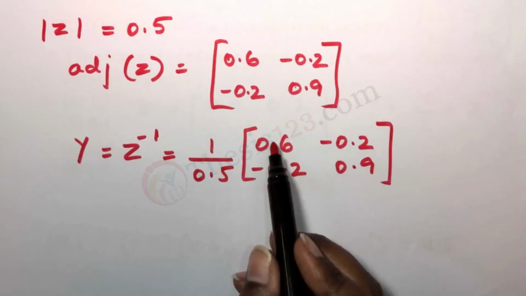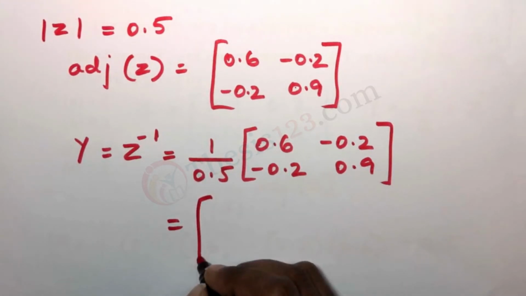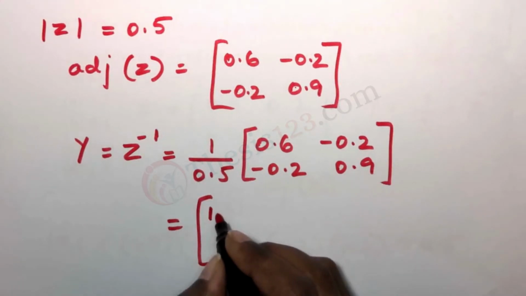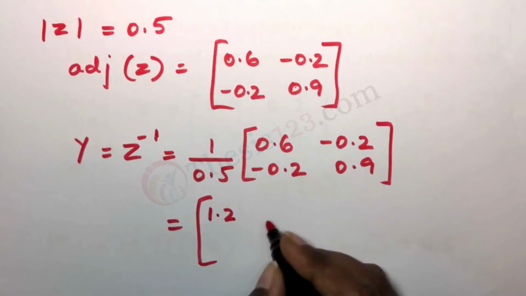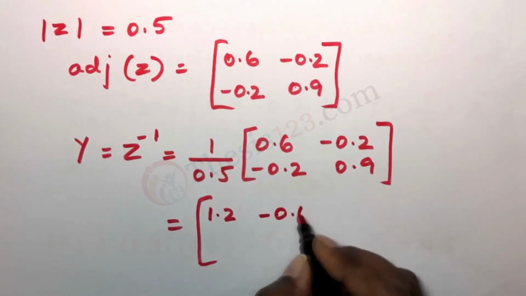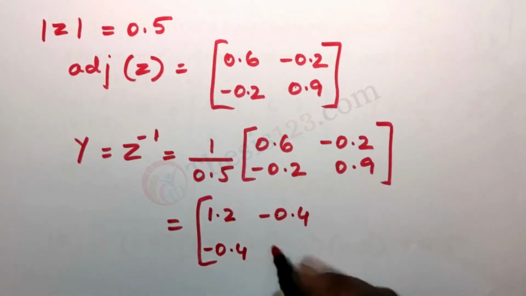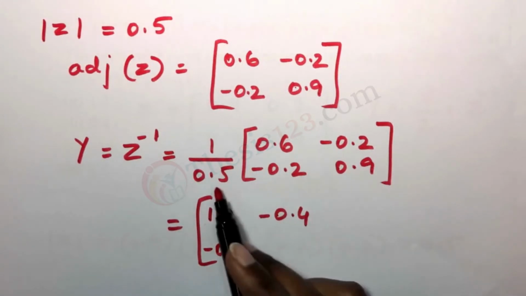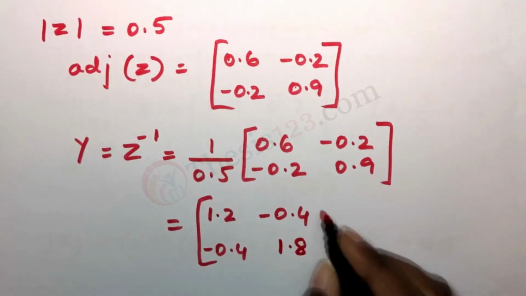So now let's divide each term by 0.5. That will give us a matrix of 1.2. Minus 0.2 divided by 0.5 is minus 0.4. Minus 0.2, again we have minus 0.4 here, and 0.9 divided by 0.5 is 1.8.